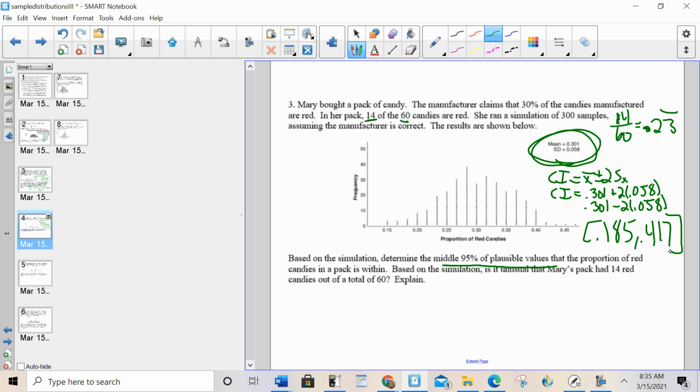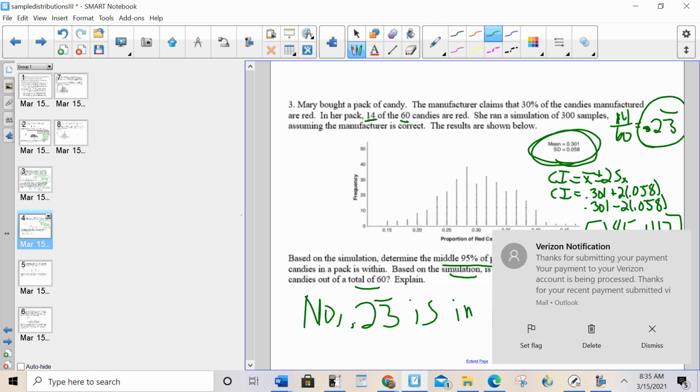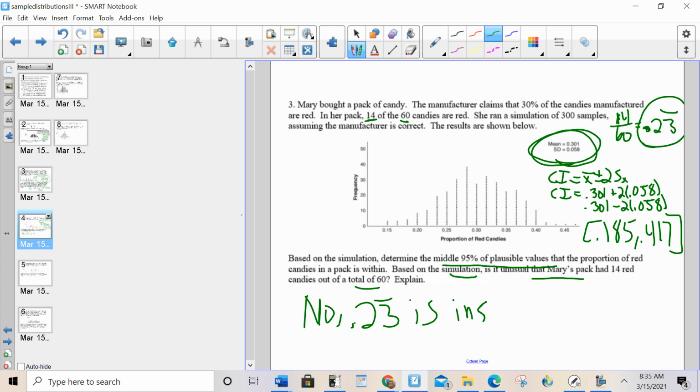Based on the simulation, is it unusual that Mary's pack had 14 out of 60? Well, 14 out of 60 is 0.23 repeated. Is that inside the confidence interval? Yes. So is it unusual? No. 0.23 repeated is inside the confidence interval.